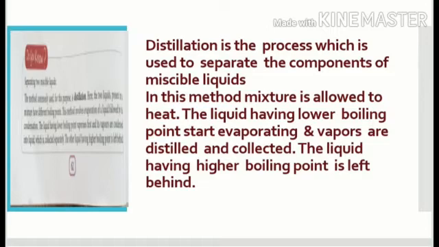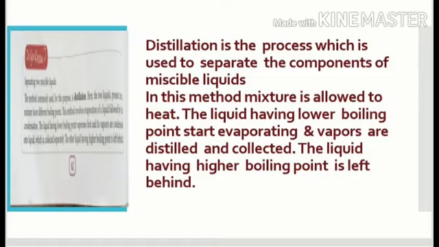In this method, the mixture is allowed to heat. Liquid mixtures which are completely miscible with each other are allowed to heat. The liquid having the lower boiling point starts evaporating, and the vapors which come up are condensed and collected.